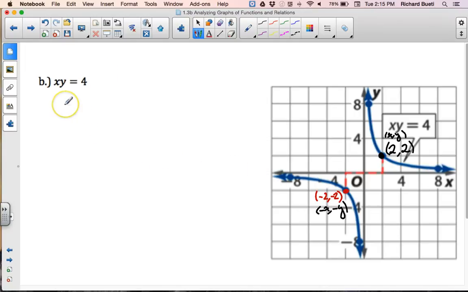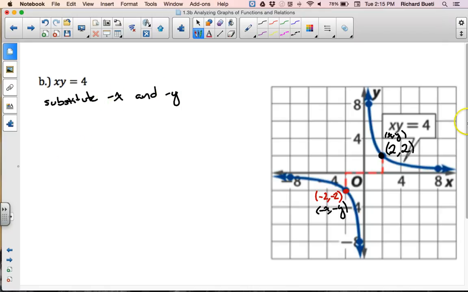So that supports the assertion numerically, but let's actually justify it algebraically. In order to say that this function is symmetric with respect to the origin algebraically, all I have to do is wherever I see an x, I'll substitute in a negative x, and wherever I see a y, I'll substitute in a negative y, and then I should get back the same equation. So we're going to substitute negative x and negative y and see if I get the same equation back.